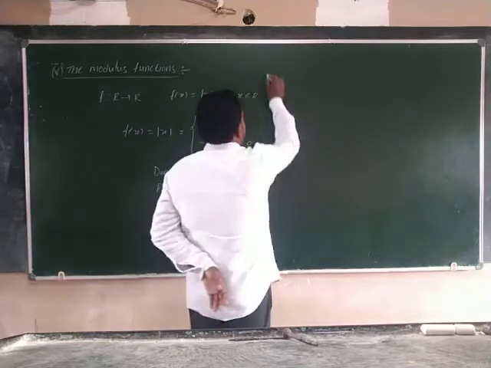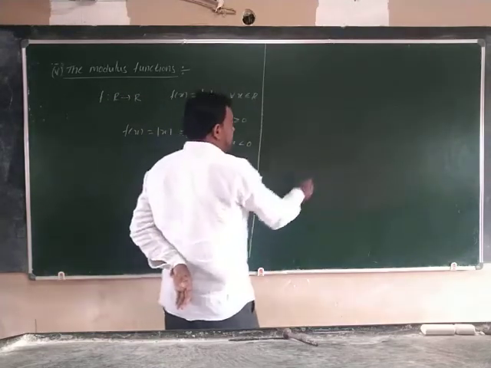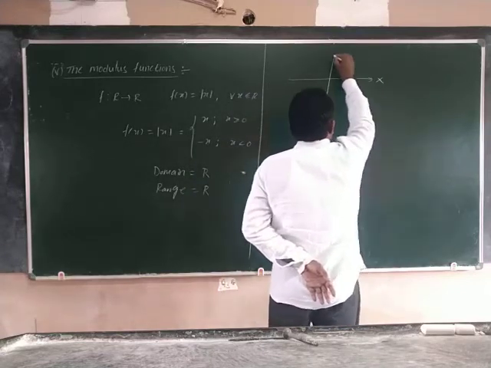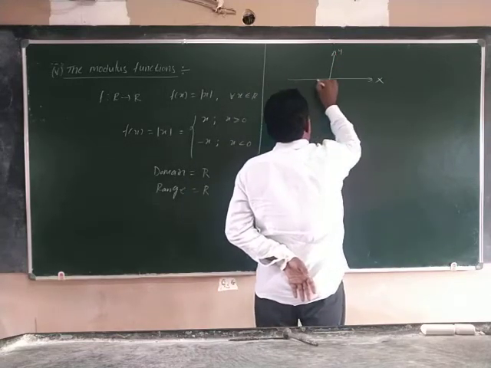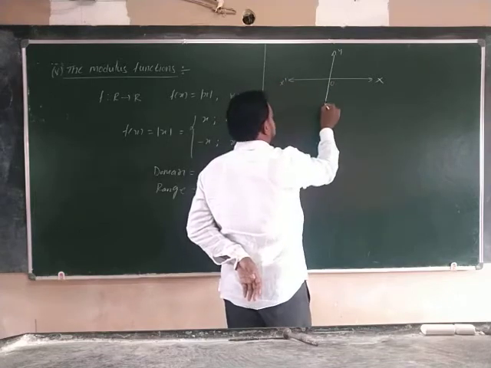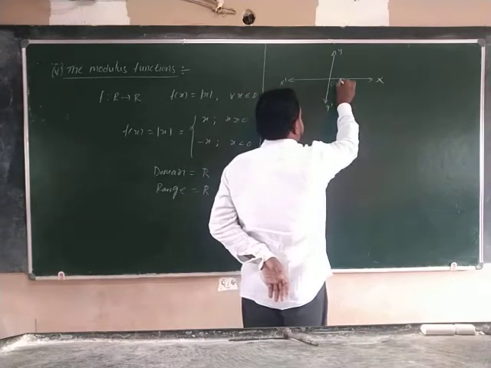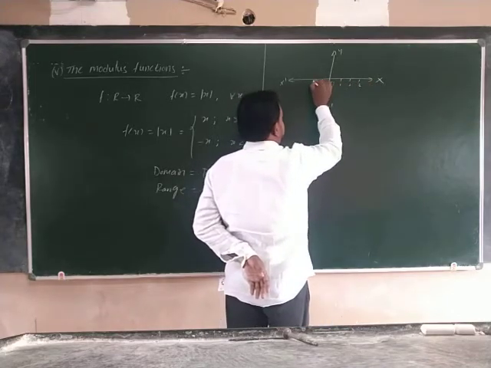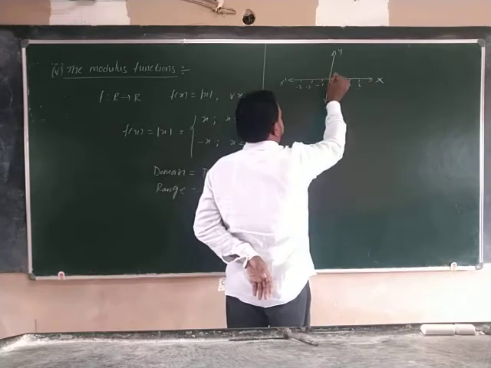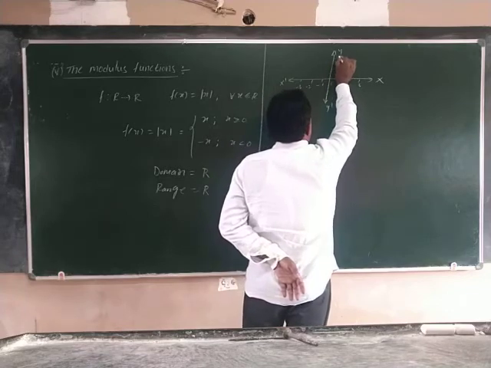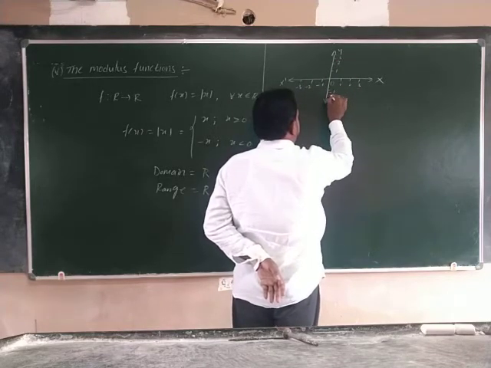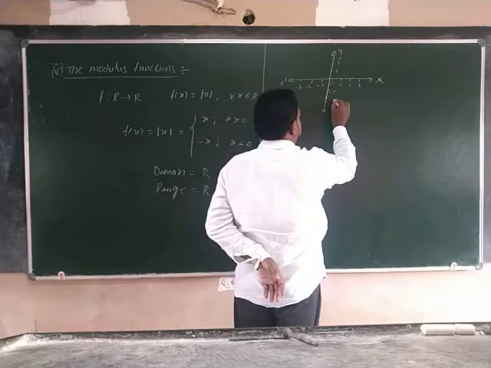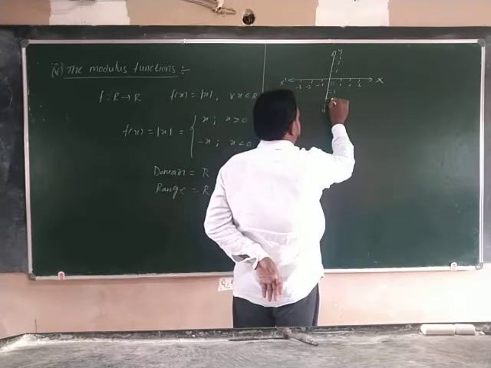See, how do we get the graph of the modulus function? This is the x-axis, y-axis, origin. Negative x-axis, negative y-axis. You take some positives 1, 2, 3 on the x-axis, and on the negative x-axis -1, -2, -3. This is 1, 2, next 3. This is -1, -2, and -2 is there on the negative y-axis.